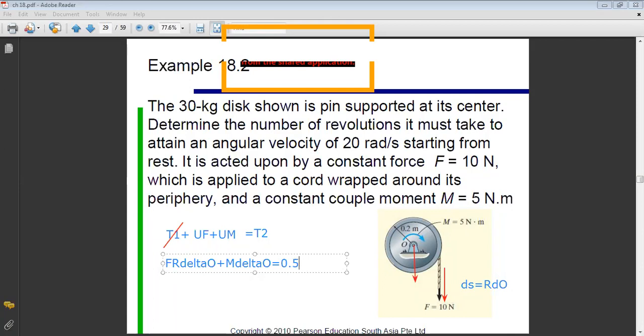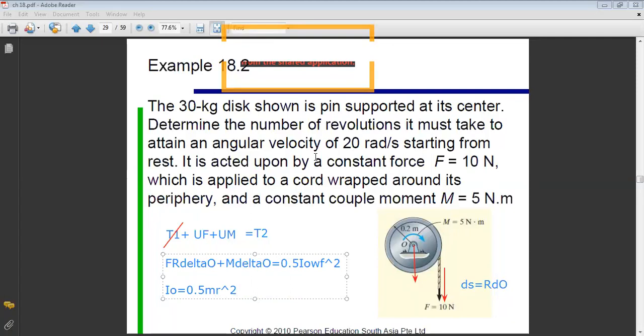So half I, inertia about O, times omega final squared. Now, the inertia about O, how to calculate it? It's a disk. When you have a disk, the inertia is half m r squared. You can get the value of this inertia. Now, the only unknown in this equation is delta theta.